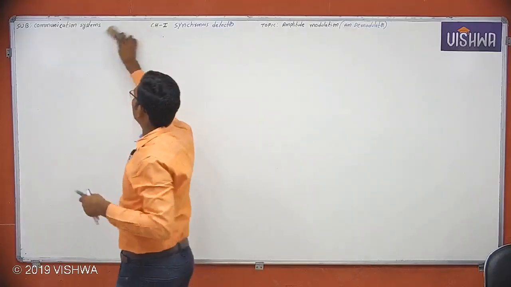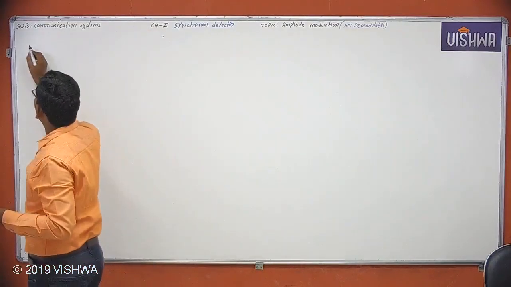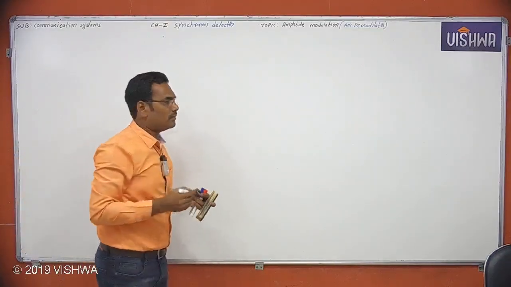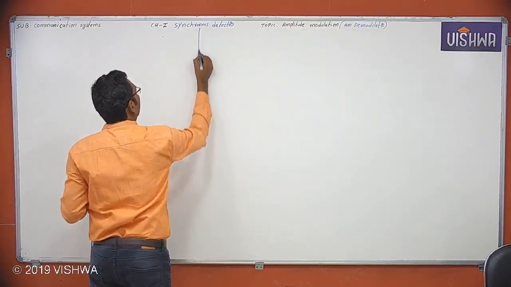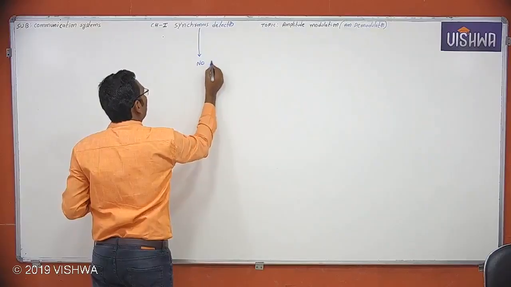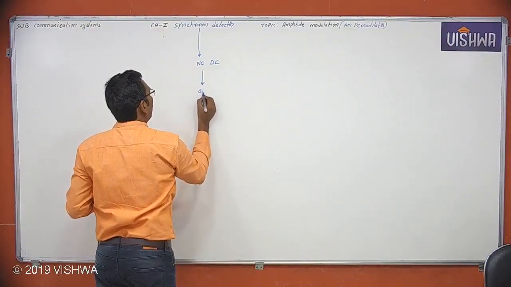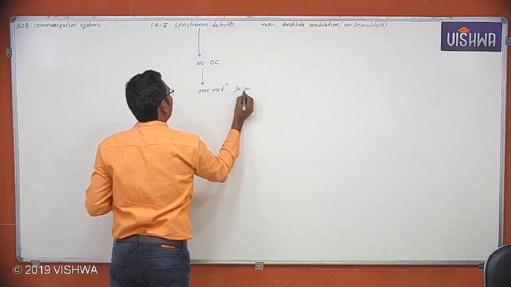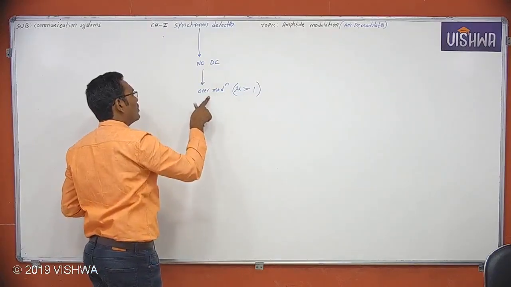Now synchronization, the name itself, synchronous detector. Now see here. In a synchronous detector, first you want to identify: synchronous detector means no DC, means definitely over modulation, means mu should be greater than 1. So no DC component, over modulation.